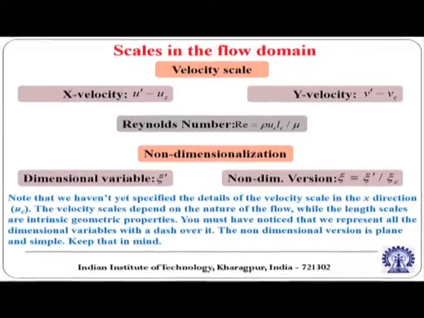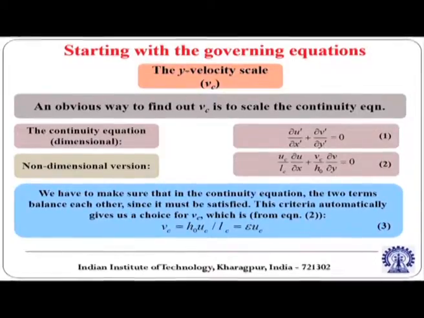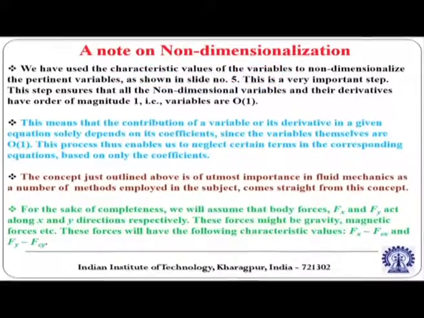We have used various non-dimensional parameters. I will go through these slides pretty quickly because this is just to sum up, not to give you any new concept, and we have obtained the velocity scale along y in terms of the velocity scale along x using the continuity equation.